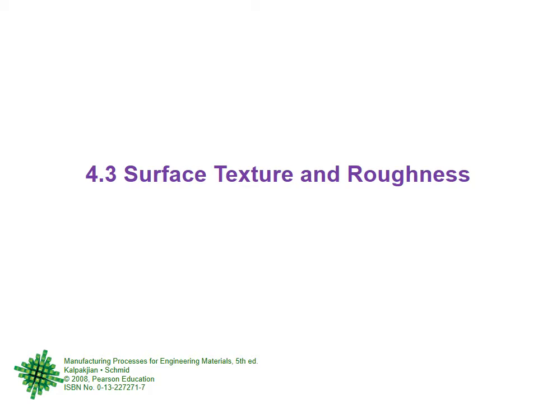What is the texture? You take a cloth, for example, a dishdash. You take the cloth in your hand. If it is very cottony, there will be some roughness. If it is very satiny, it will be very smooth. So you can feel the texture of the material by moving your fingers on the material. So that is texture.